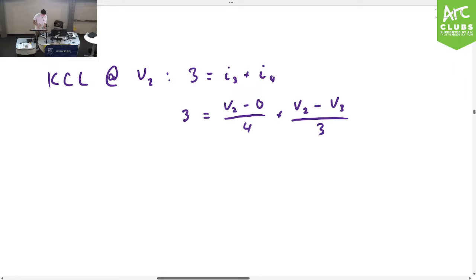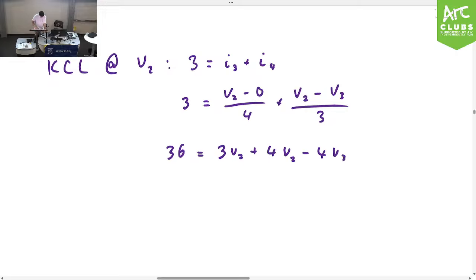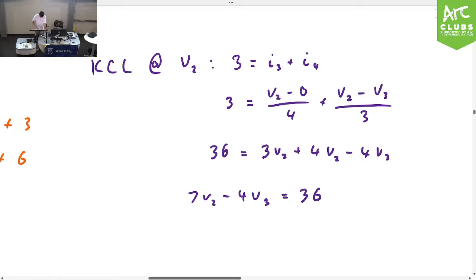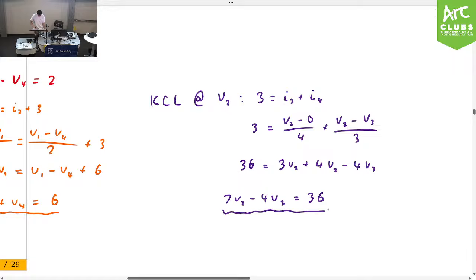So let's multiply both sides by 12, which gets rid of the fractions. So we should get 36 is equal to 3V2 plus 4V2 minus 4V3. And then just rewrite that in a better way. We should get 7V2 minus 4V3 is equal to 36. So that's another equation we can use.